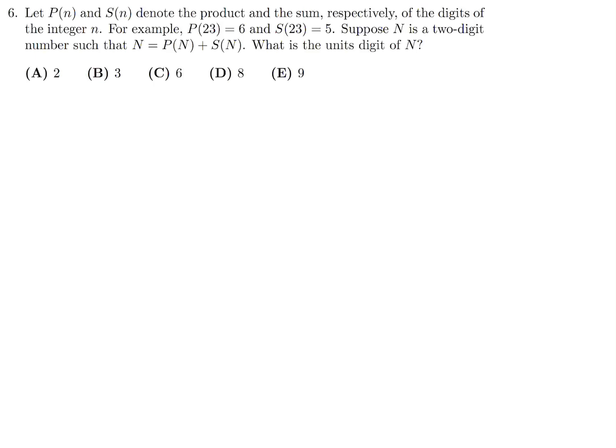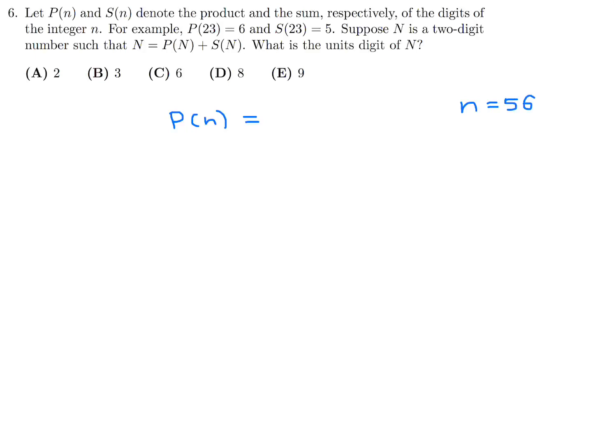All right, so first let's explain what this question is asking. Pn is equal to the product of the digits of a number. So for example, let's say our number n is equal to 56.